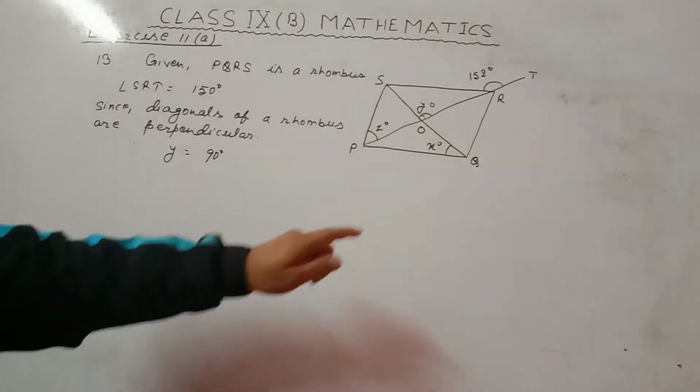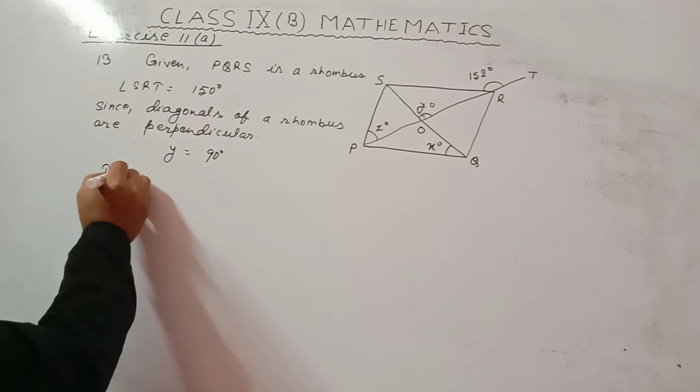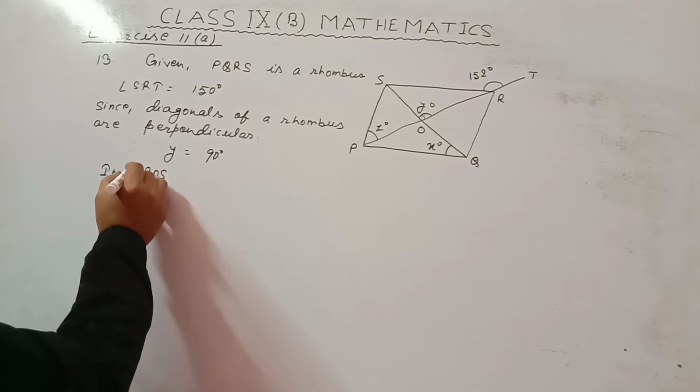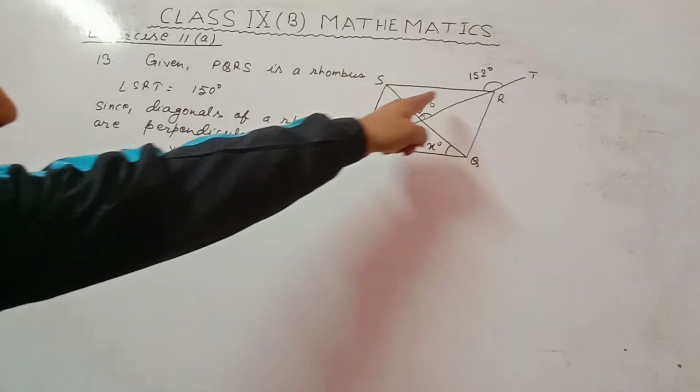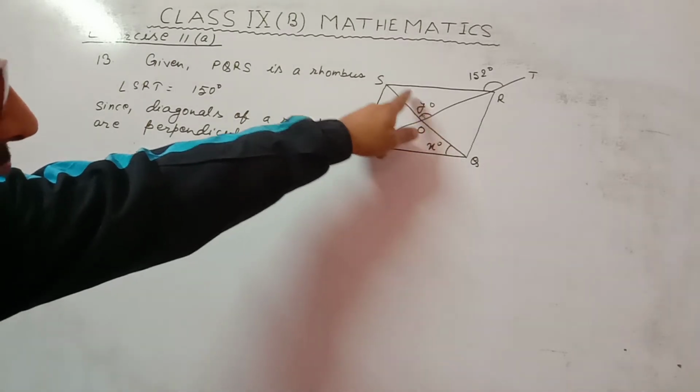Now how to find X? This is the exterior angle. You come in triangle ROS, or SOR, ROS I am writing. In triangle ROS, SRT is the exterior angle, and exterior angle of a triangle is equal to the sum of opposite interior angles. Those opposite interior angles are this one and this one.